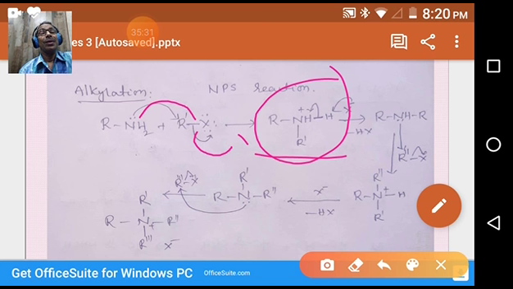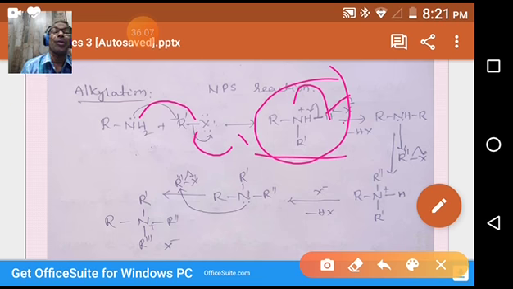The electron pair on nitrogen is given to the alkyl group, and at the same time a carbon-nitrogen bond is formed. The halide ion, a strong conjugate base, abstracts a proton. Nitrogen already has a plus charge, and N plus is unstable; it can't bear a plus charge.